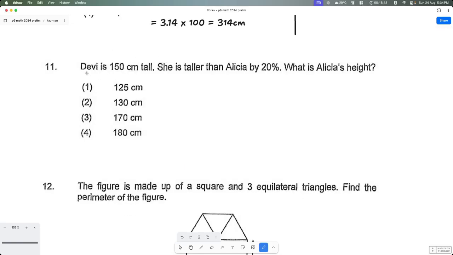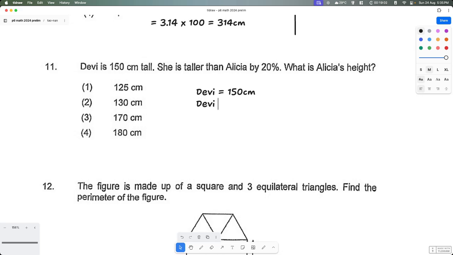Question 11 says Devi is 150 centimeter tall. She's taller than Alicia by 20%. What is Alicia's height? So Devi is 150 centimeter, and she is taller than Alicia by 20%. So it's basically Alicia plus 20%, or 120% of Alicia. So what is Alicia's height?